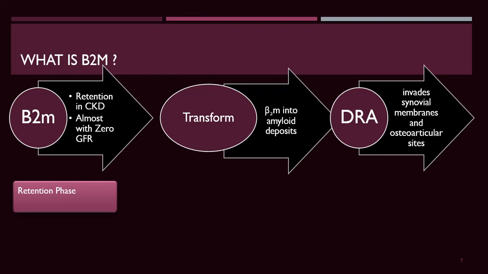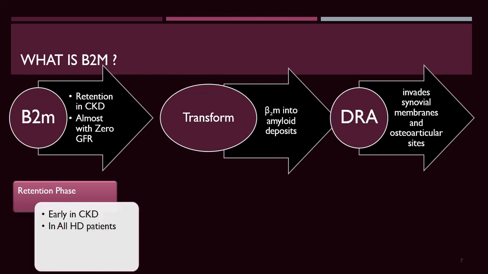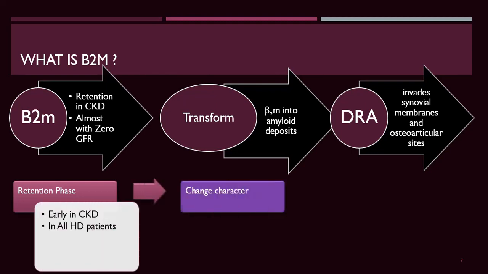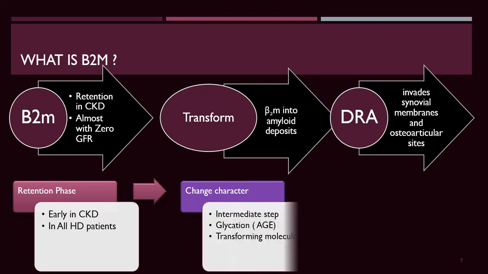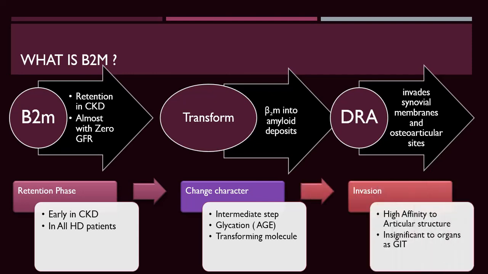So there is a retention phase early in CKD and in all hemodialysis patients, with changes in character and transformations, including glycations, then invasion, and it has very high affinity to articular cartilage.